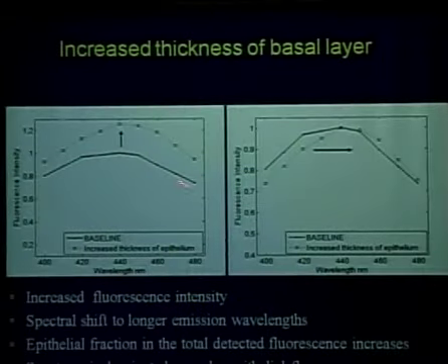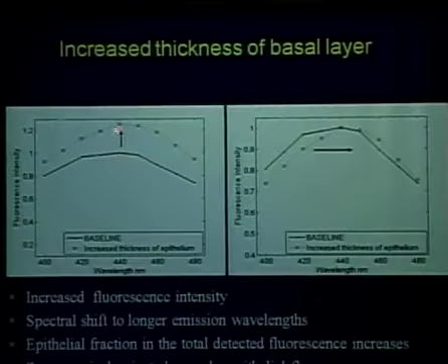So the first simulation that we did was we said, okay, if our shallow channel truly is collecting light only from the epithelium, and what I see with dysplasia is an increase in the amount of fluorescence from the basal layer, if I build that into my simulation, so here I have my baseline case for the normal tissue, and now I build in this increase of fluorescence in the basal epithelium, what would I predict should happen to the fluorescence?